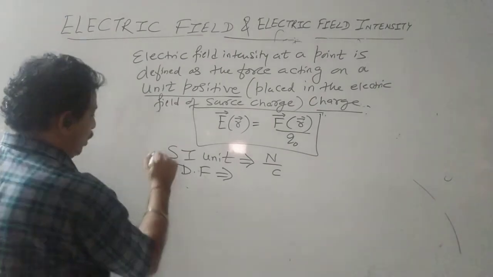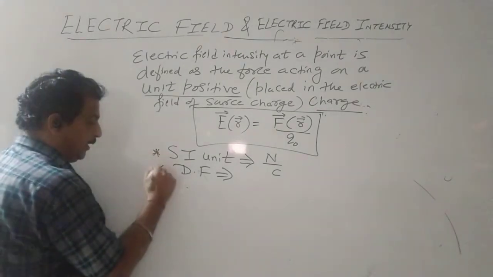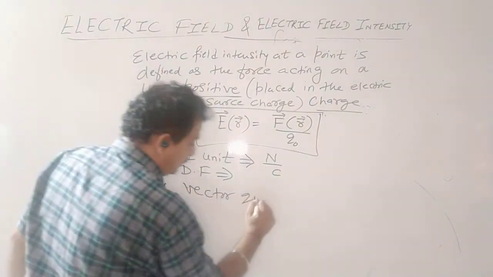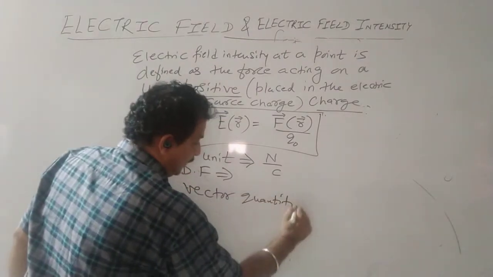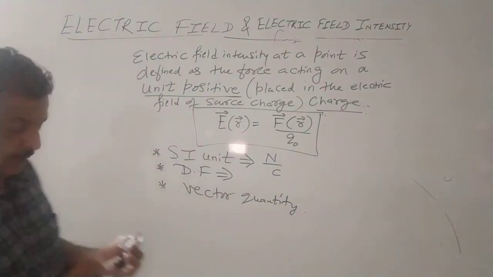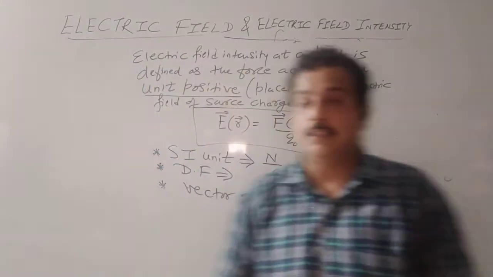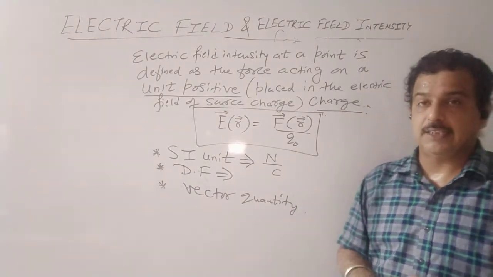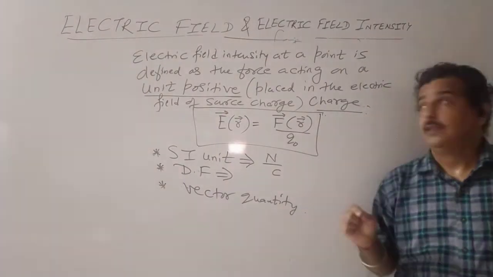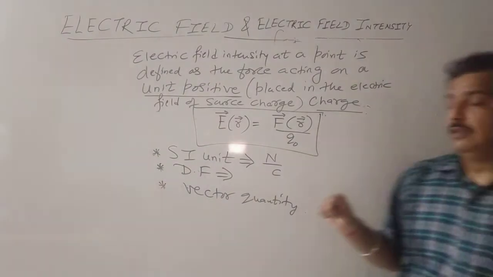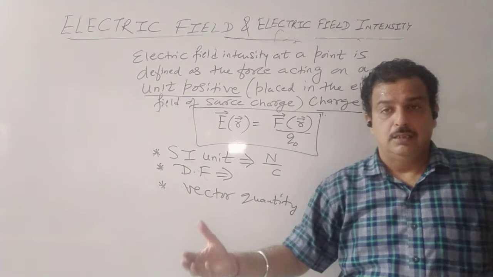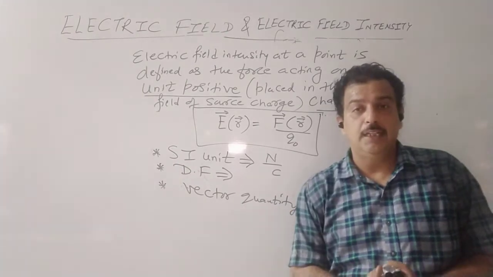And another point which we have to remember is electric field intensity is a vector quantity. So how much force the source will exert on our test charge is called electric field intensity, and we have to keep the test charge in the field of a source charge. Beyond its field, the source will not exert any force.